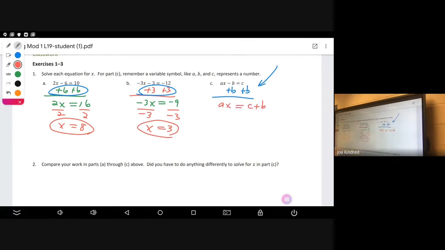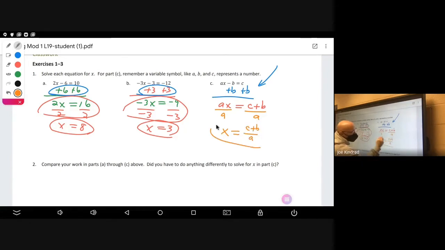But you can't combine C and B. You represent that move by saying C plus B. You could also write it B plus C by the commutative property. Last step. What do we do here? We divided by an A. Answer, C plus B over A.